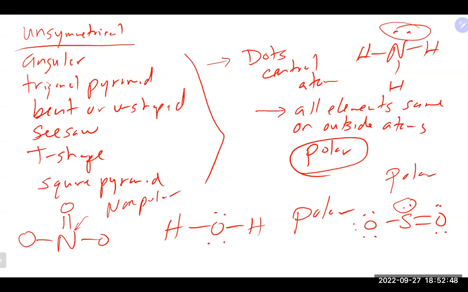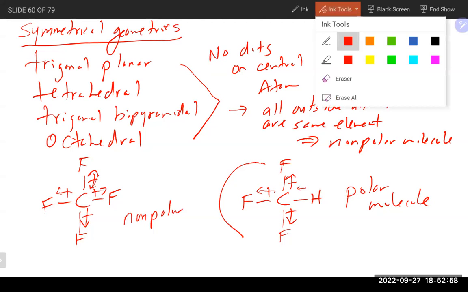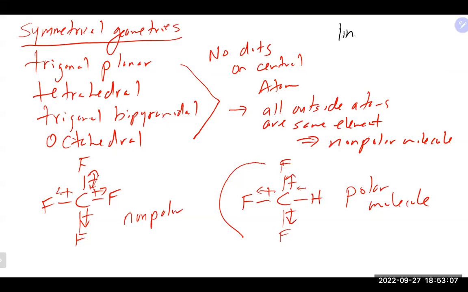Now, there are a couple of exceptions where you can have dots on the central atom, but the polarity will be non-polar in most cases. And those couple of exceptions are going to be linear, and it is linear with 5 electron pairs and 2 bonds.